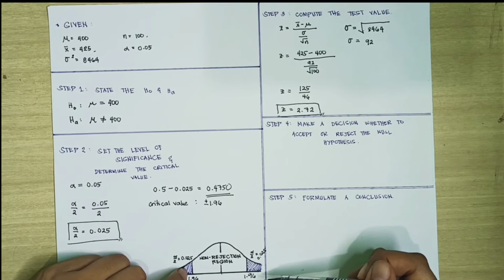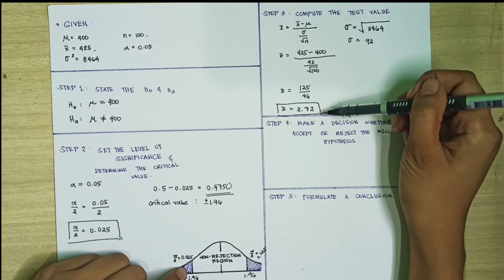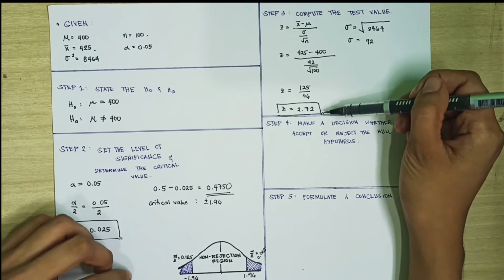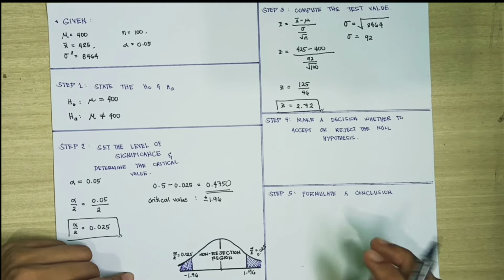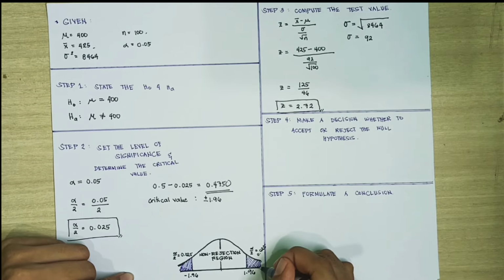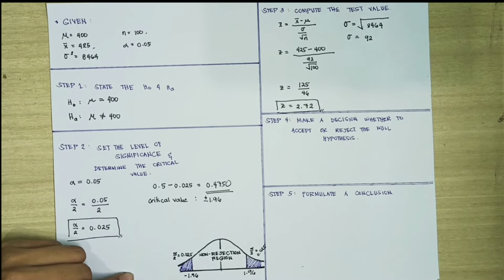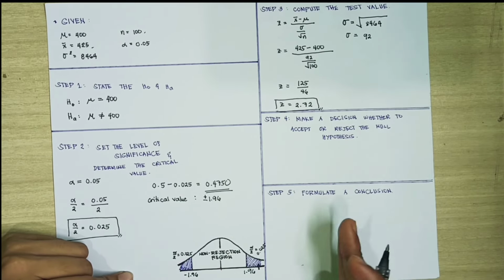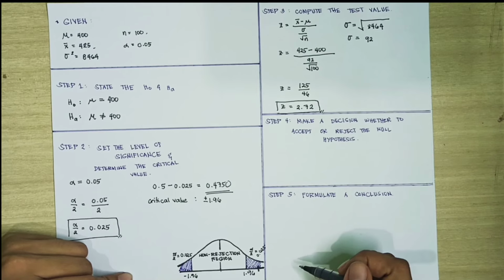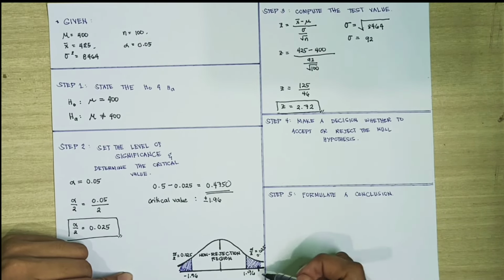Okay? So, now, ang ating test value is 2.72. So, sa ating curve, si 2.72 ay saan natin makikita? Okay? So, sa ating curve, si 2.72 ay magfo-fall siguro dito sa right side ni 1.96. Okay? Si 2.72 ay makikita natin sa right side ni 1.96.